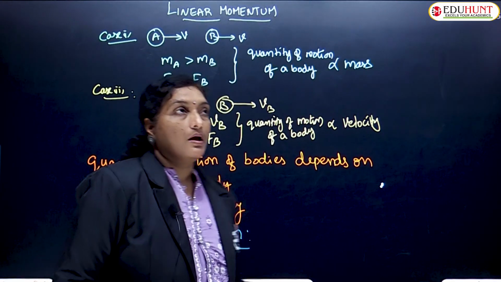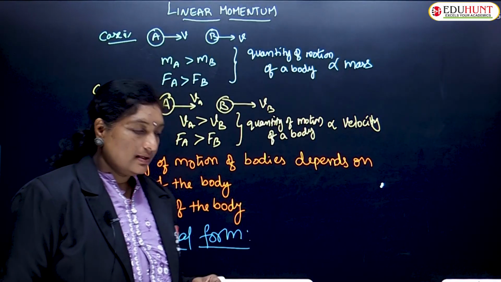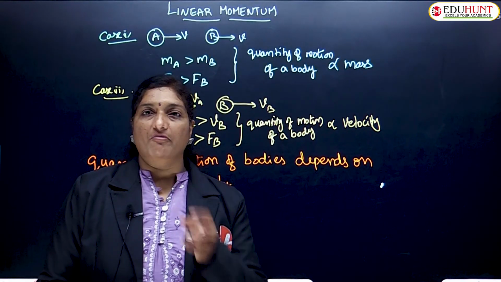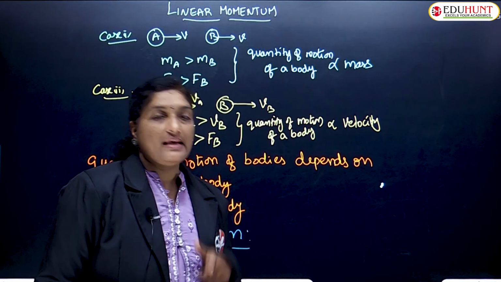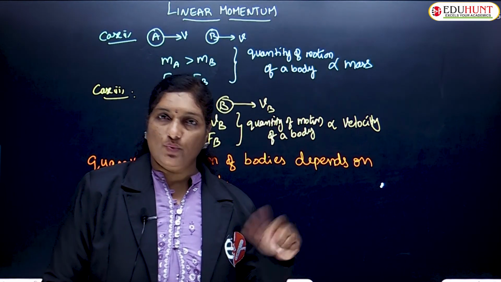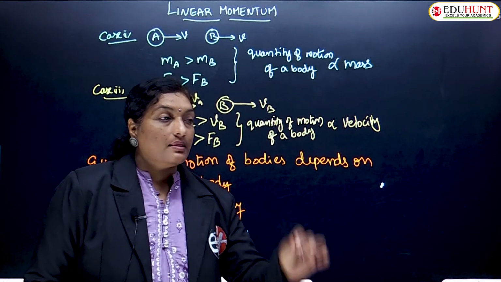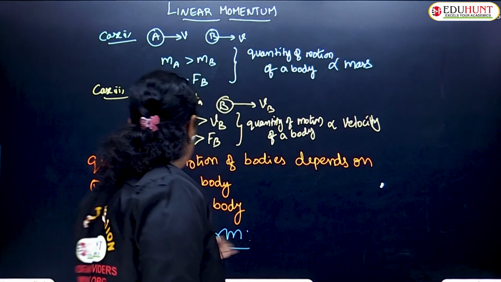Okay, children, suppose let us consider a body of mass m, initially moving with velocity v. Then the mathematical form is defined as said.